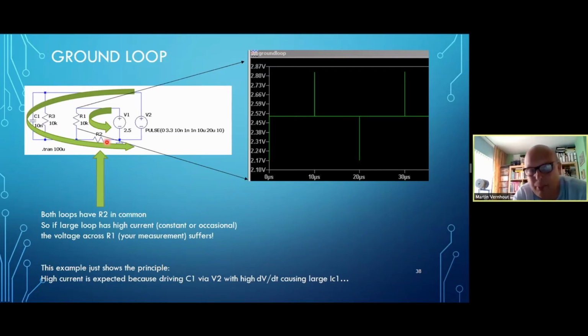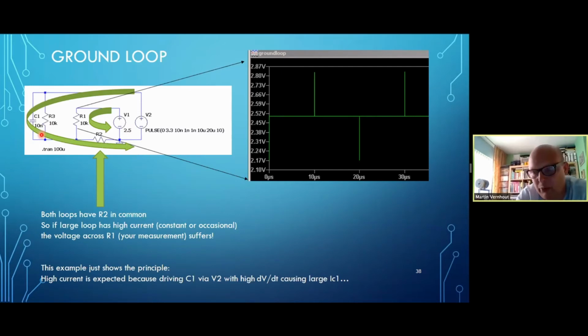Now, in the past, people would have said ground loops, yeah, make sure that you don't have a high current flowing through a common resistor. But high currents doesn't mean high power. High currents also come into play if you take a small capacitor and you drive it by a digital pulse.